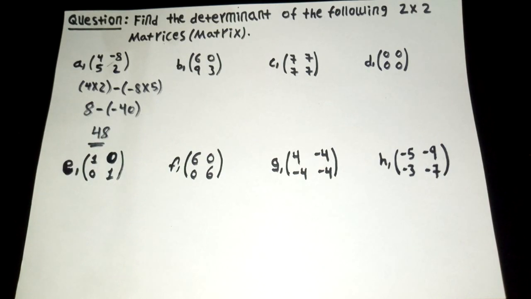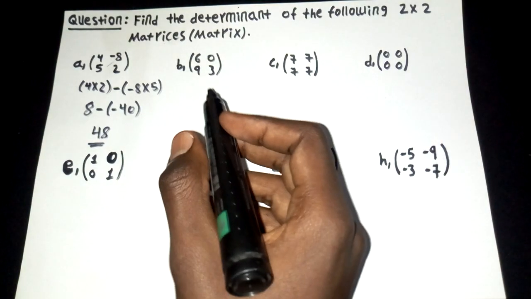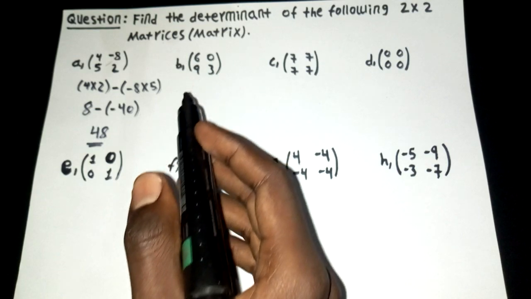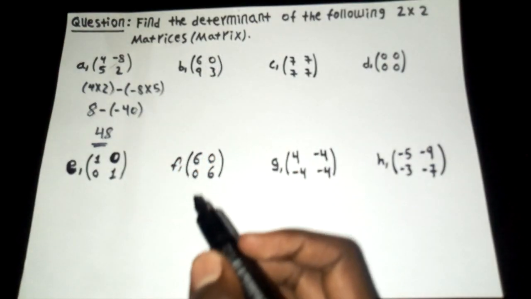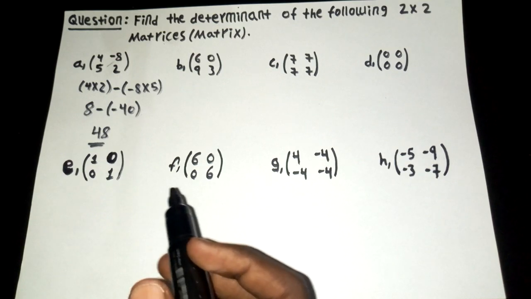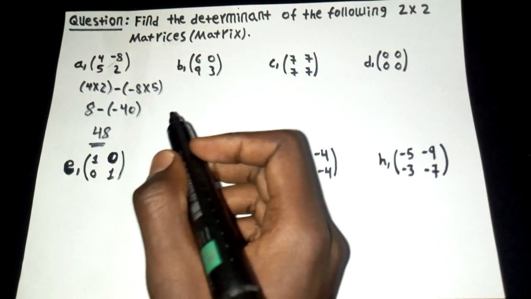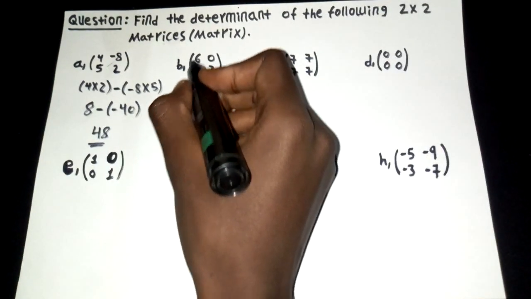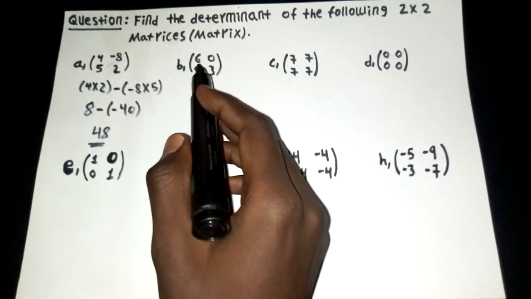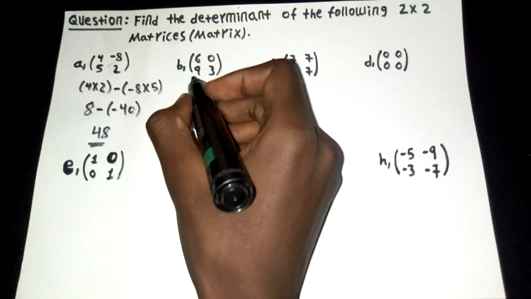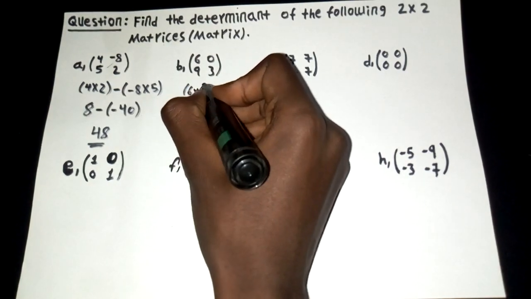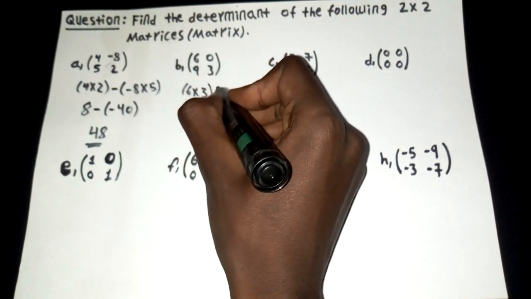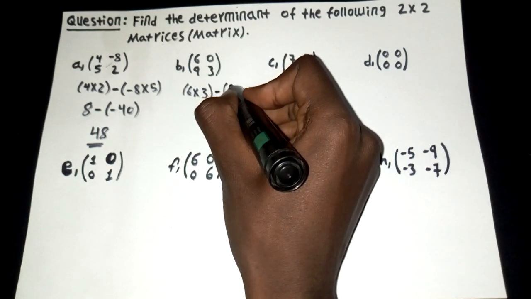In the second example, they all are just numbers, but one of them is 0. For this type of matrix, we use the same procedure. First we multiply through crossway: 6 times 3, then minus 9 times 0.